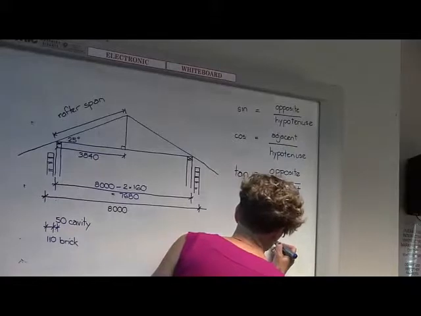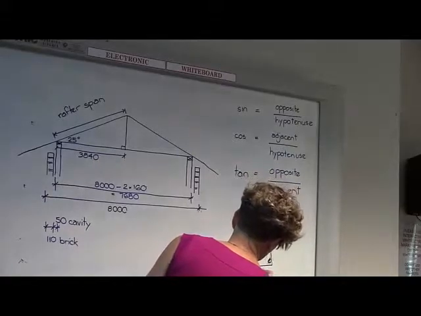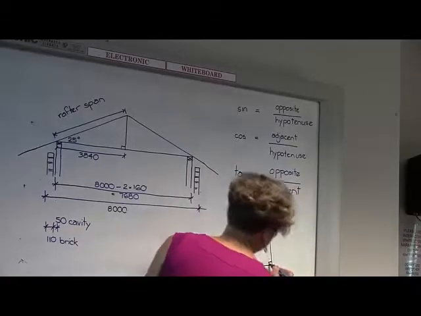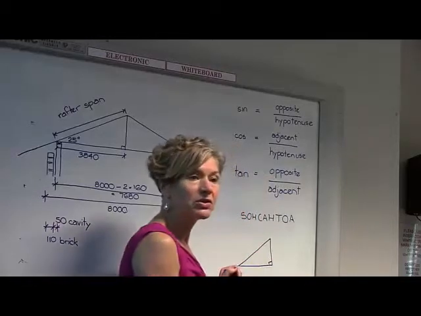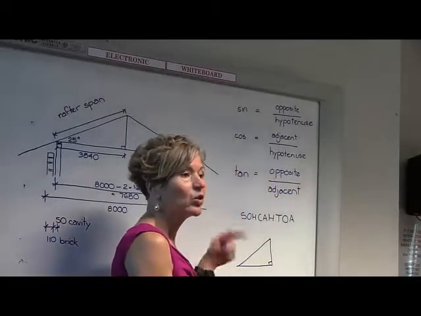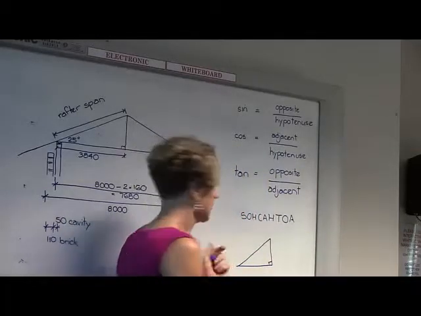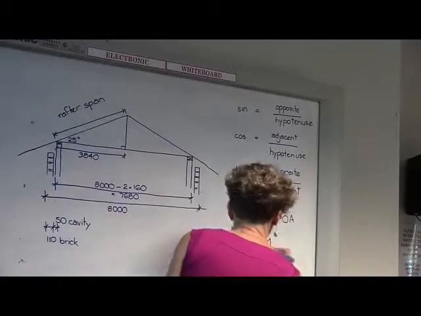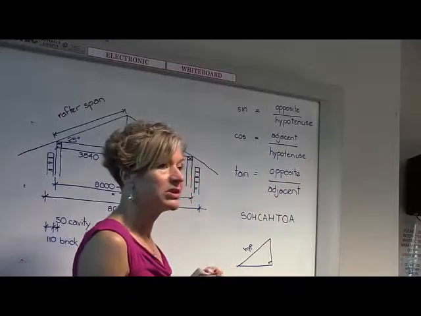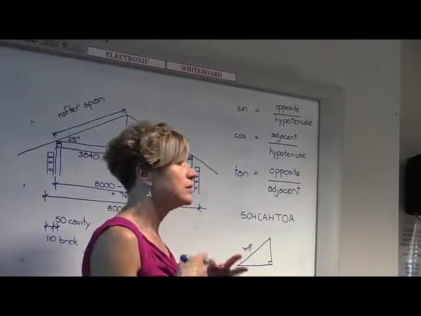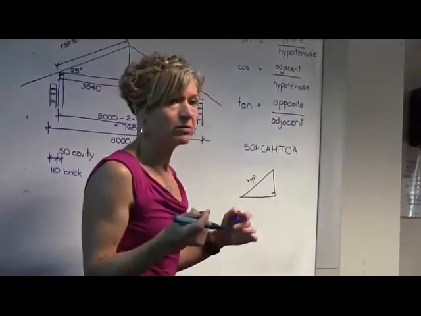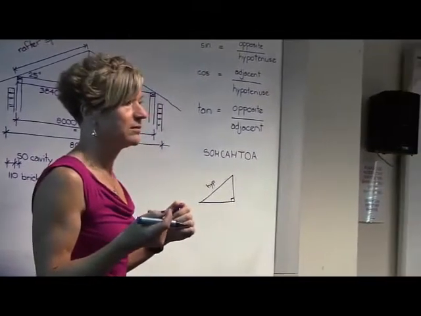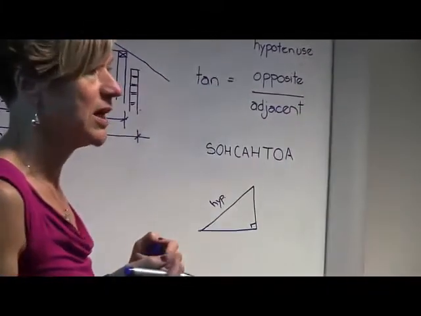If you have a triangle like this with the right angle there, the hypotenuse is the one opposite the right angle, the longest side. Which is the opposite and which is the adjacent depends on which angle you want the sine, cos, or tan of.